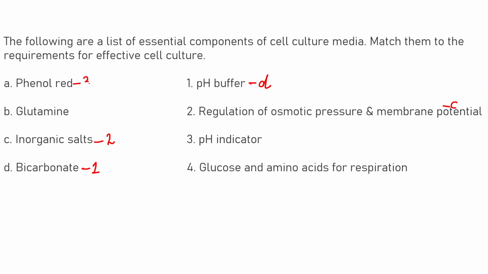As I showed, phenol red can exhibit a range of colors at different pH depending on whether the medium is acidic or basic. Now, glutamine will provide glucose and amino acids for respiration.